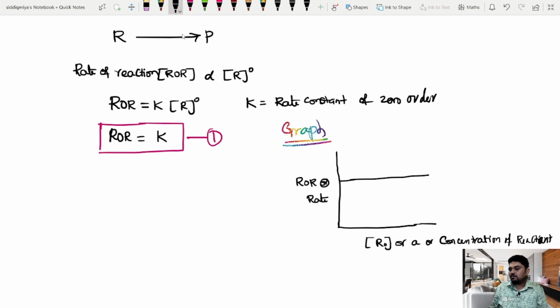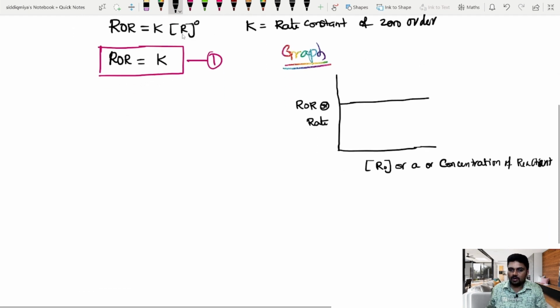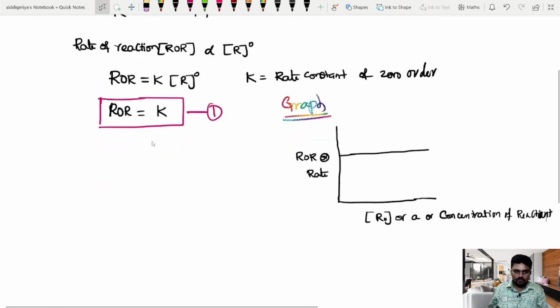So rate of reaction is independent of the initial concentration, R naught or A, the concentration of reactant. Now we will see the derivation.